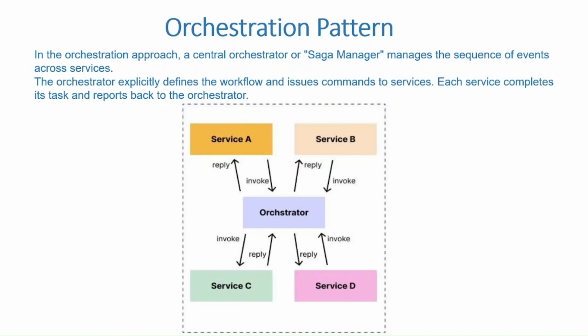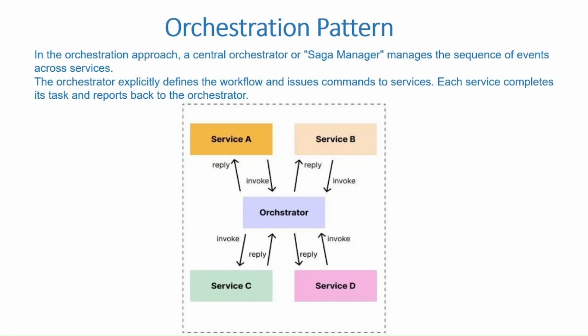Now, in the orchestration pattern, in this approach, there is a central orchestrator or saga manager. See, this orchestrator is itself a microservice, a coordinator microservice. So each service does not interact with the others. Instead, they interact through this saga manager or orchestrator microservice.